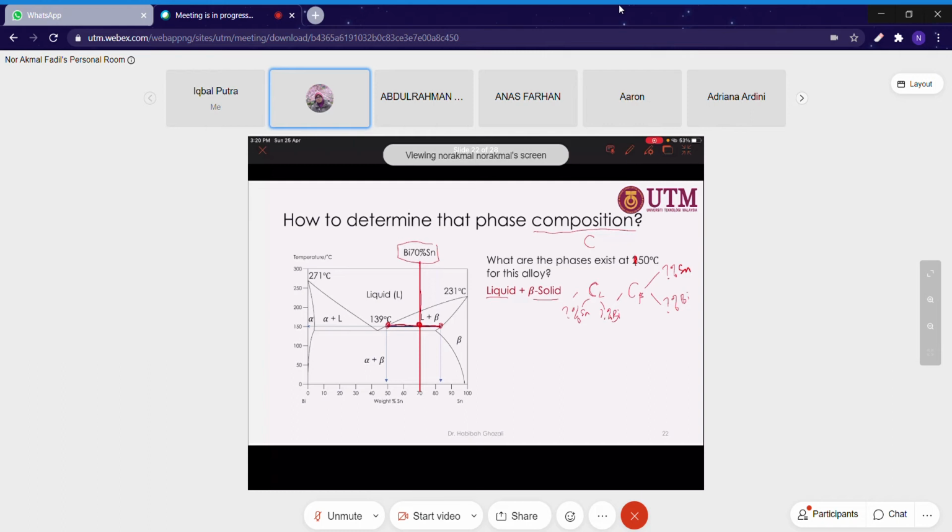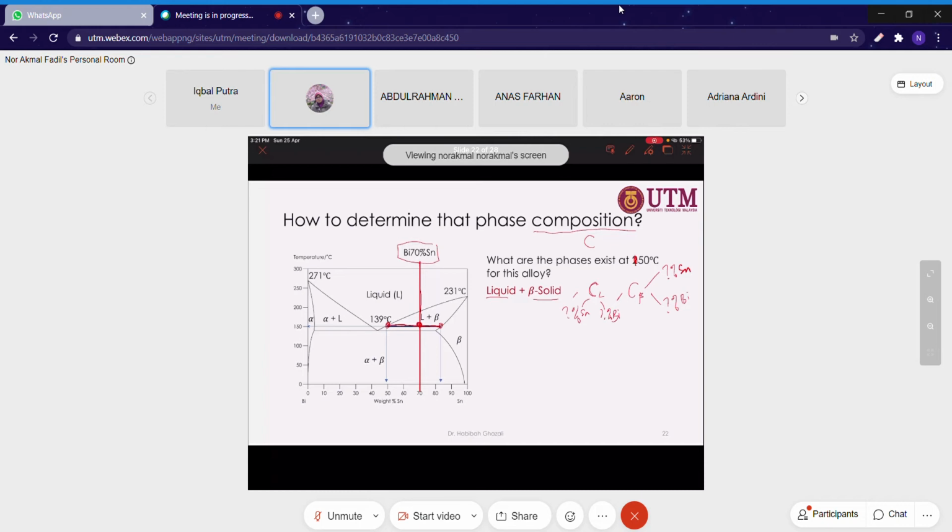The liquid phase contains a certain percentage of stannum, so you can control the environment during the process. This kind of information is needed when you practice this knowledge for engineering applications.